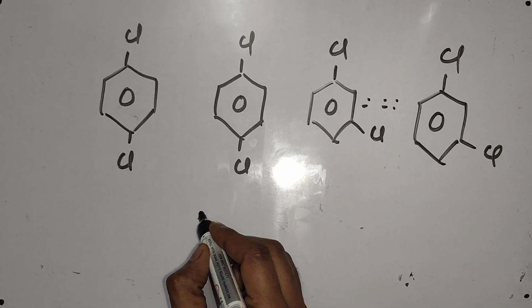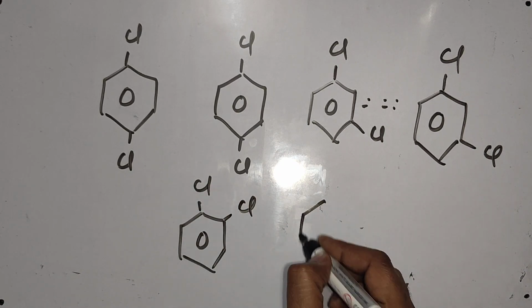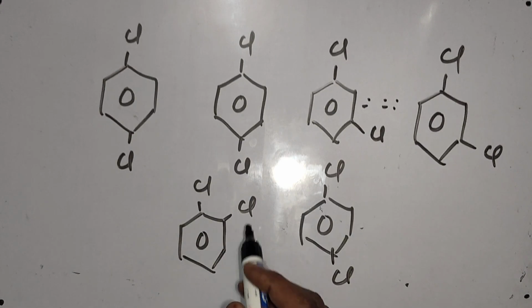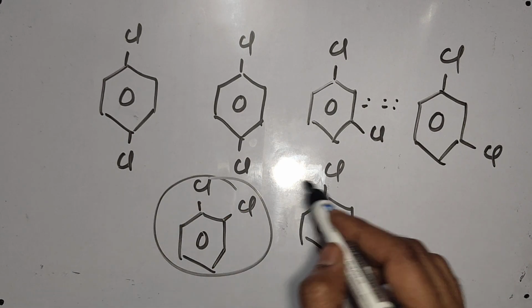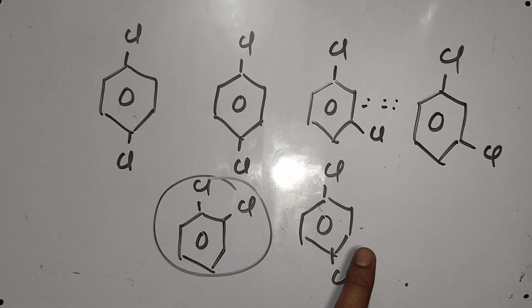And if I talk about the ortho and para comparison, this is ortho and this is para. Why does ortho have a higher boiling point than para? Here you will say the dipole moment or dipole-dipole interactions are dominating over the symmetrical nature of para.